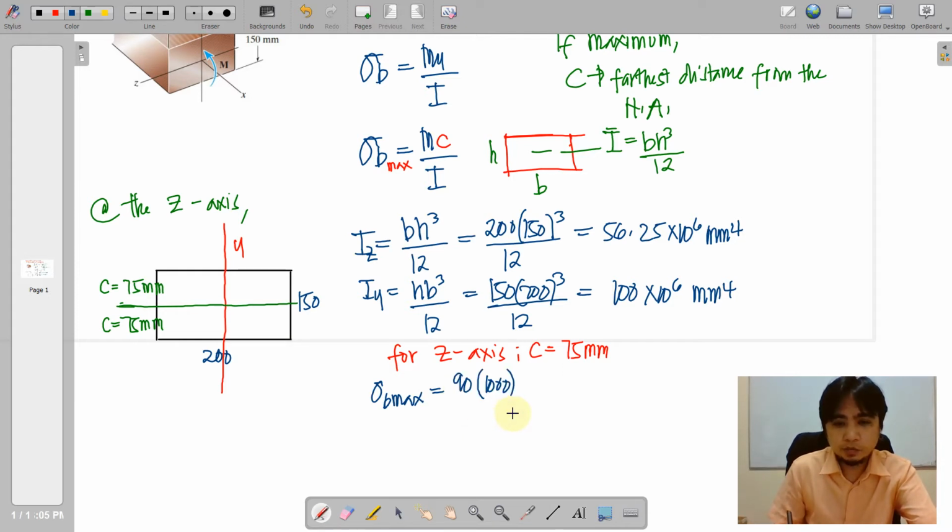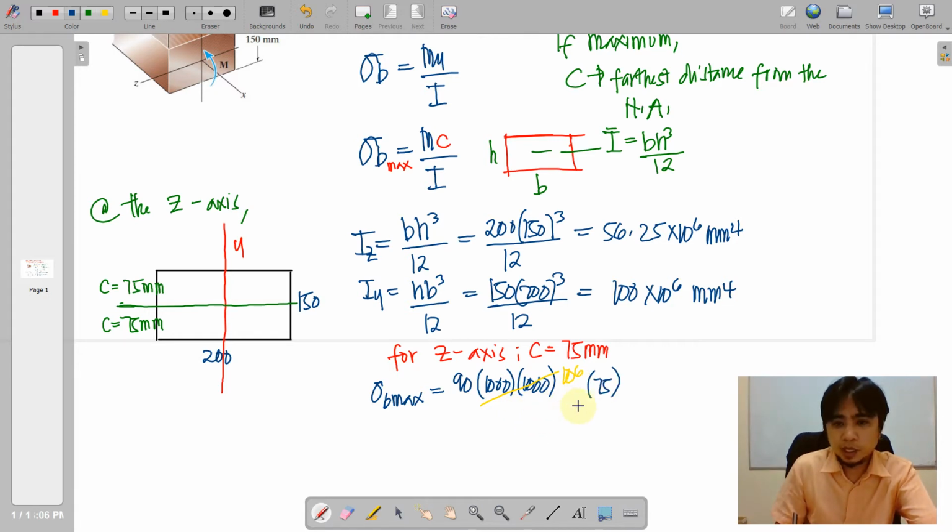For the moment of 90 kilonewton meter, we multiply by 1000 to make kilonewton into newton, and another 1000 to make millimeter. We are actually multiplying 1 million to our 90 to make it Newton millimeter.